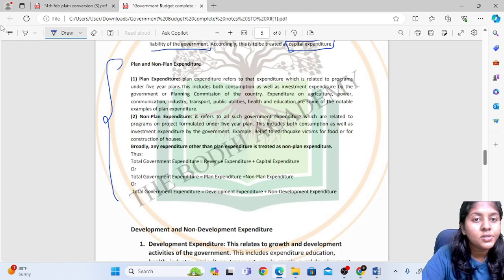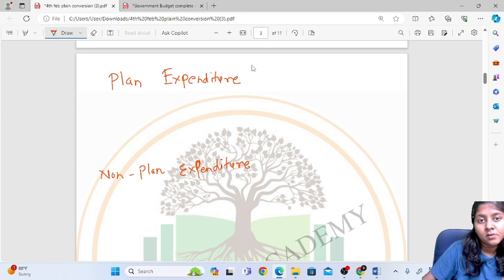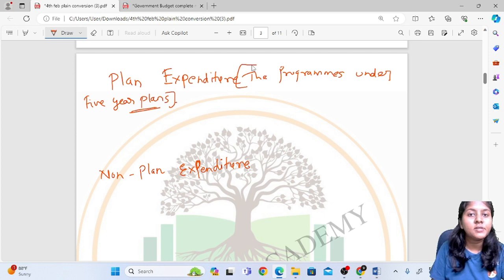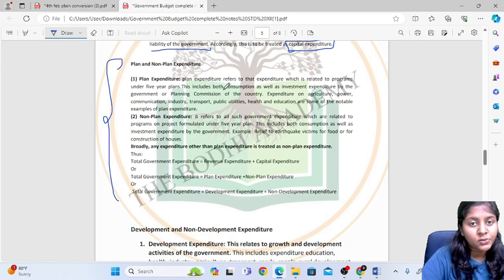Plan expenditure refers to that expenditure which is related to programs under 5-year plans. So here we have to remember the programs under 5-year plans. So plan expenditure is those programs which come under the 5-year plans of the government.